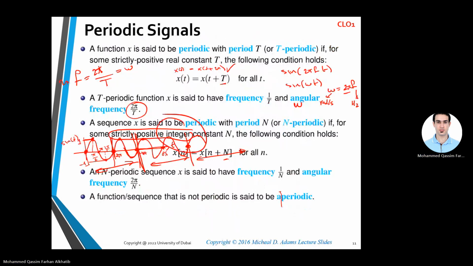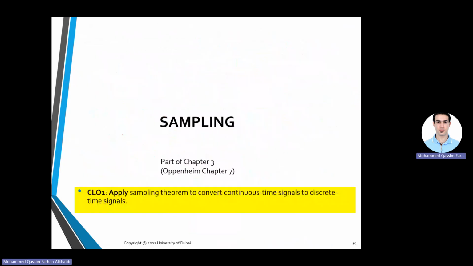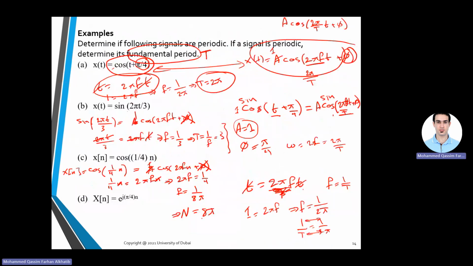Integer. Let's go back here. N equals 8 pi. Is this an integer? We know that it's a rational number... no, it's irrational. So it is not periodic. Even though it's a cosine, it sounds periodic to us, but because N is not an integer, we cannot say it's a periodic signal. Okay?